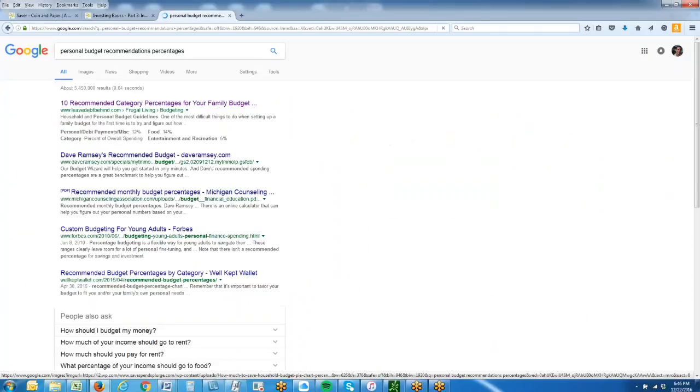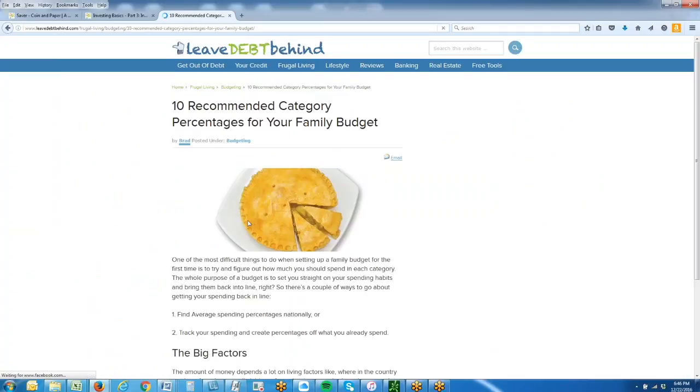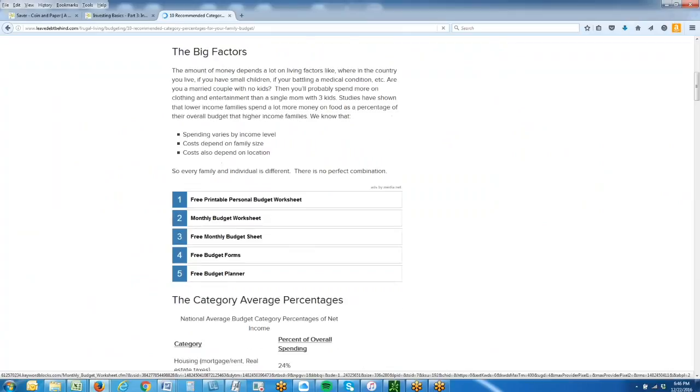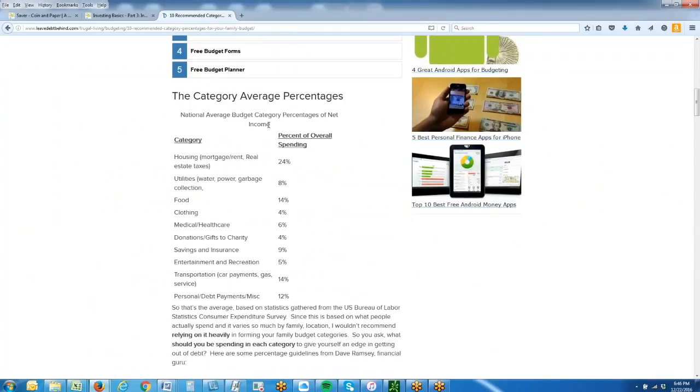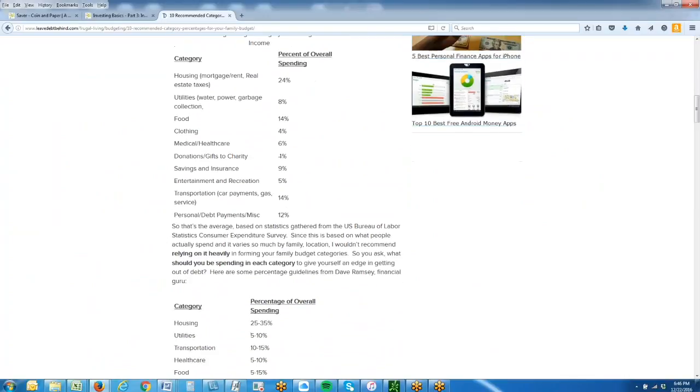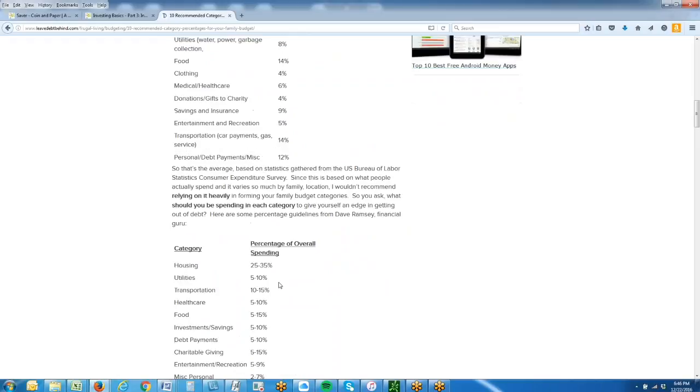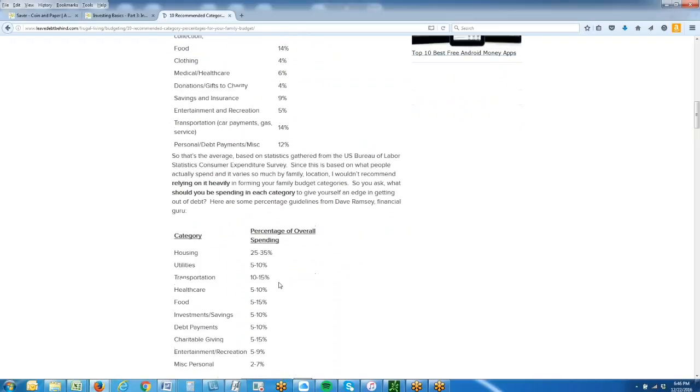But I'm going to go to all and click on the first one. If you scroll down to look for the percentages, here it starts breaking it down. This is national average budget category percentages of net income. And here's another one with some ranges.